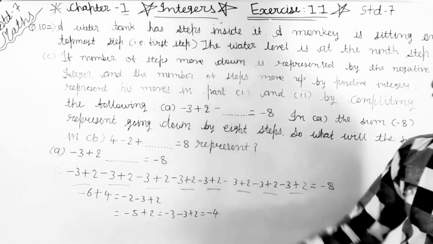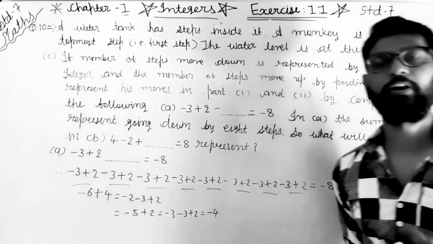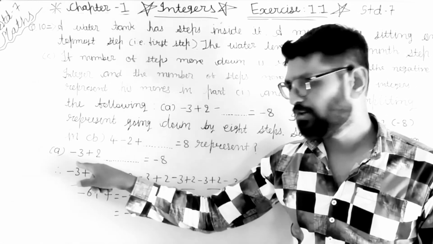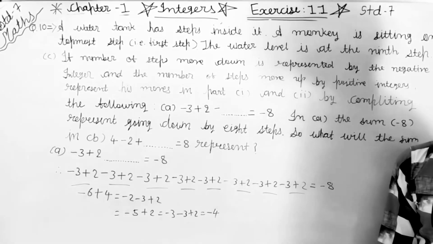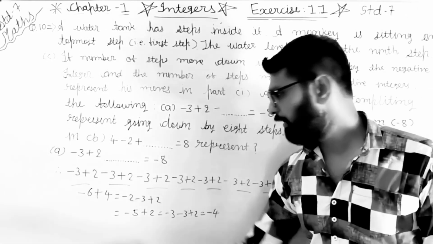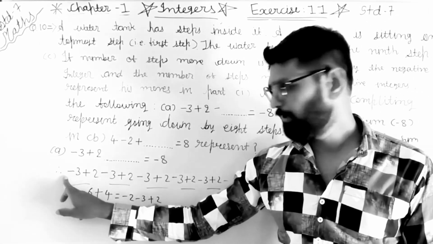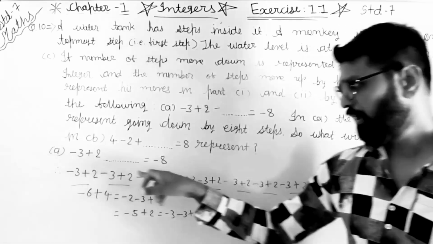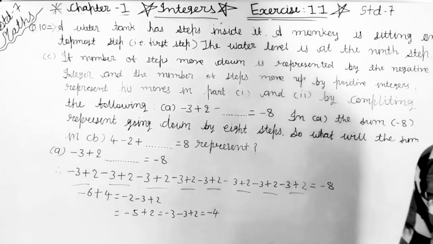Whenever the instruction says the monkey is going downwards, we take it as a negative integer. So minus 3 is taken, and for upwards plus 2 is taken. Then we have to find minus 8. So the monkey first jumps minus 3 and back plus 2. Minus 3 plus 2, 8 times, then our answer will be minus 8.